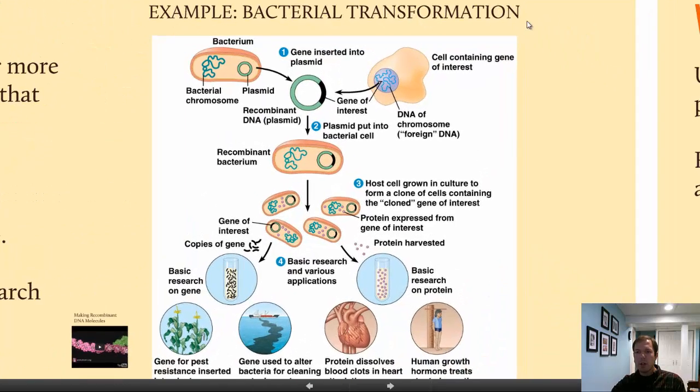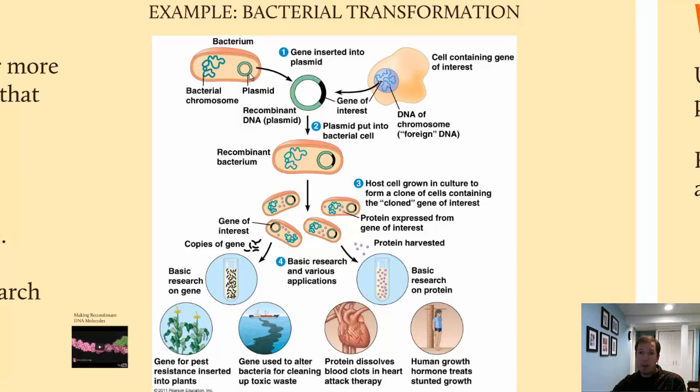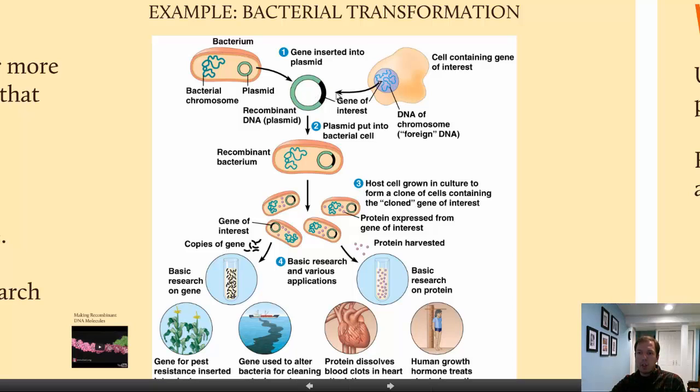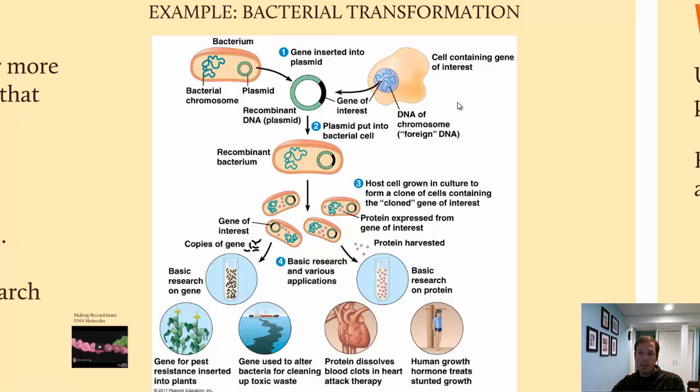So in a bacterial transformation, what's happening, we take a bacteria, that could be a plasmid from that bacteria or a plasmid that came from some other source. We are going to use a restriction enzyme to cut that plasmid open. We will insert in a gene of interest, so a piece of foreign DNA that could be from humans or from another E. coli or from some other organism entirely.